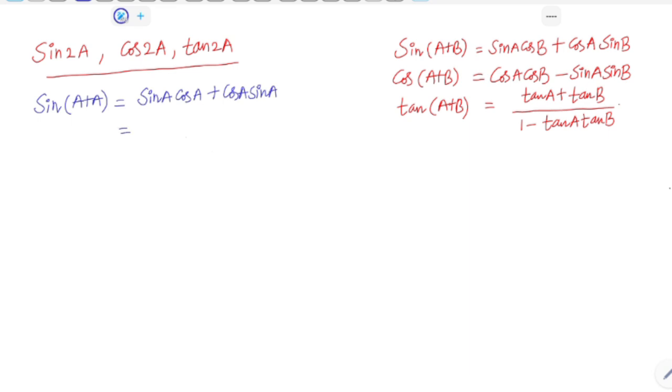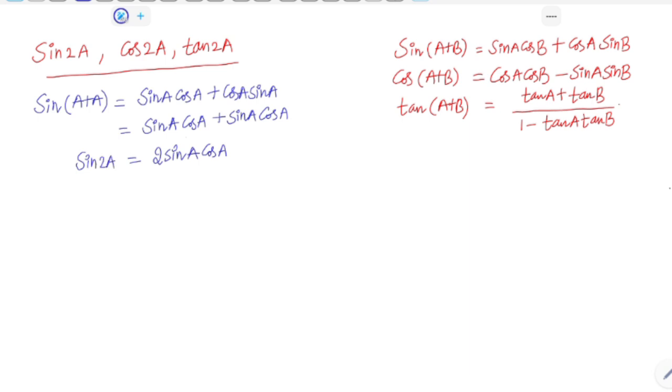Now, sine a cos a and cos a sine a can again be written as sine a into cos a, because multiplication follows commutative property. Therefore, sin A cos A plus sin A cos A, which is equal to 2 sin A cos A. So this is the value of sin 2A.